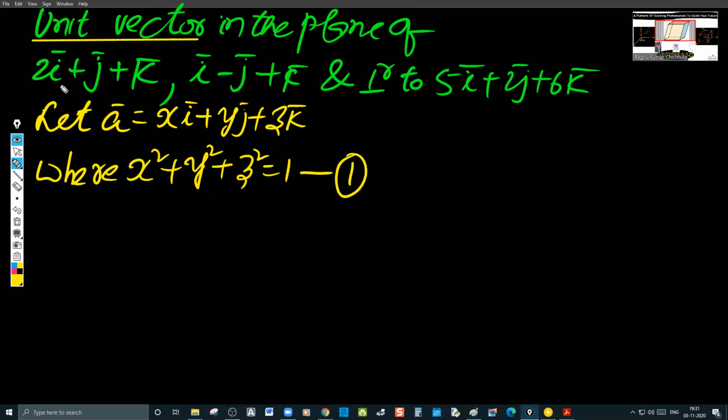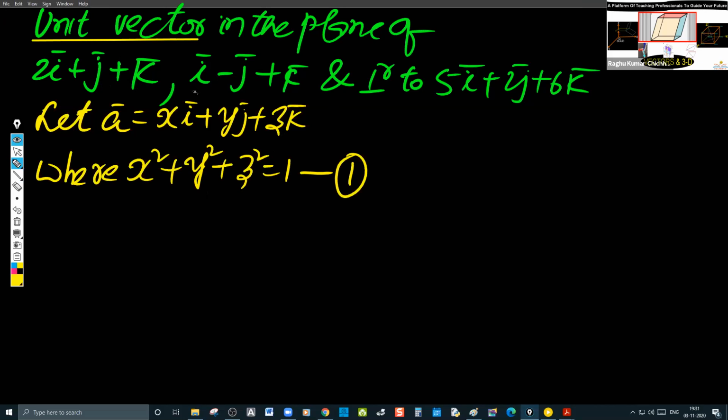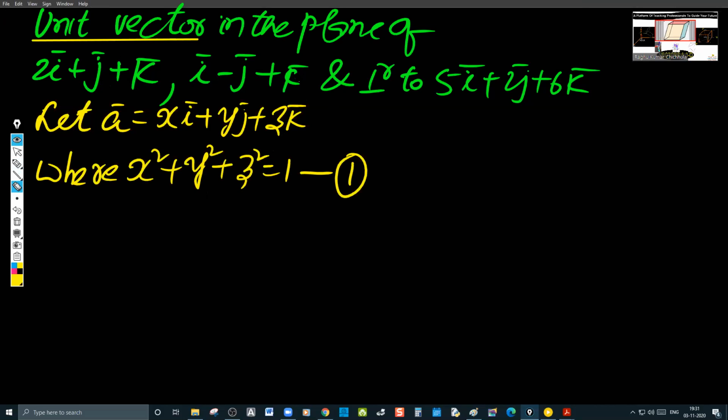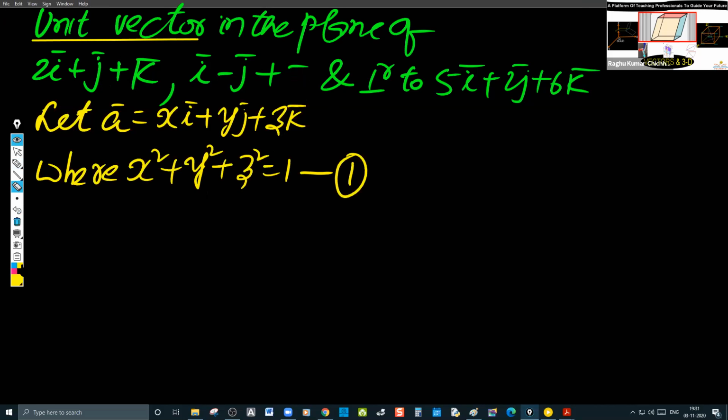And it is lying in the plane of 2i plus j plus k and i minus j plus k. Correct or not? Yes, sir. Lying in the plane means you tell me whether they are coplanar or not. Coplanar, sir.